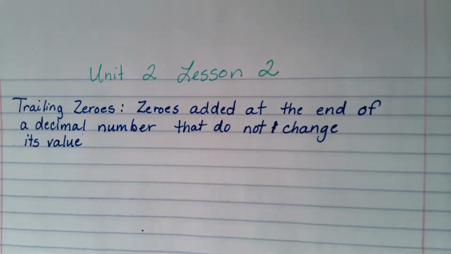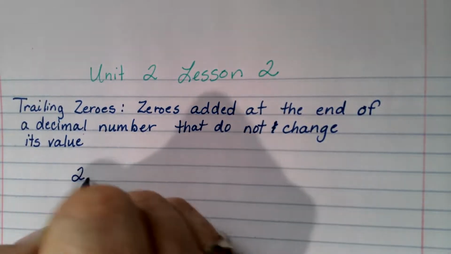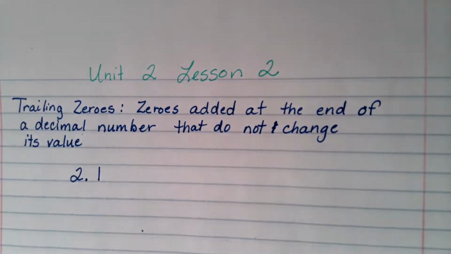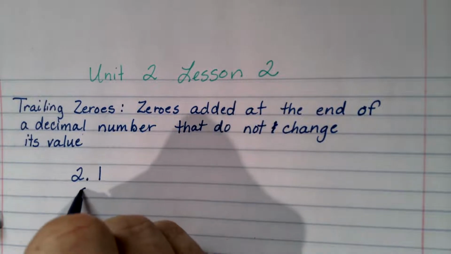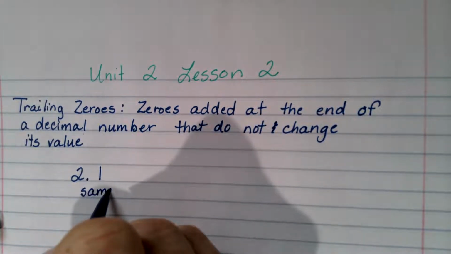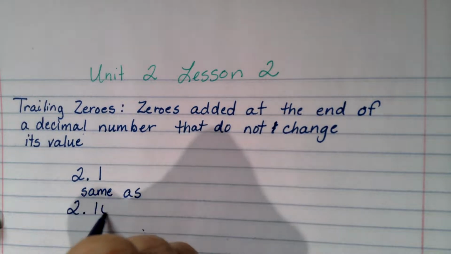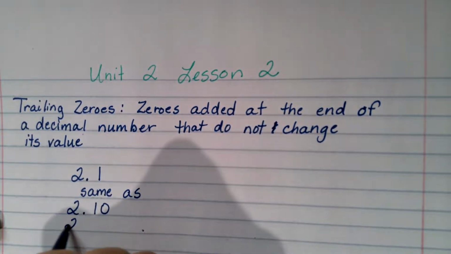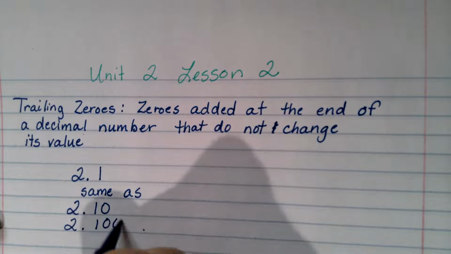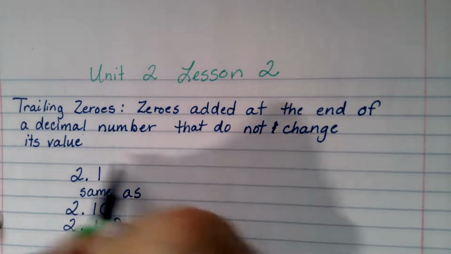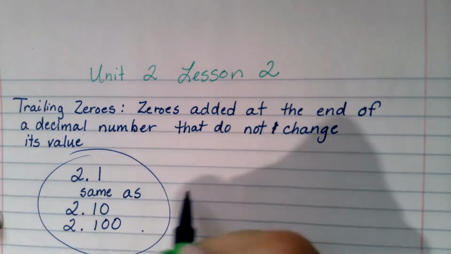I know that we have talked about things like 2.1, which is 2 1/10, is the same as 2 10/100ths, or 2 100,000ths. These are all equal. These are equivalent decimals.